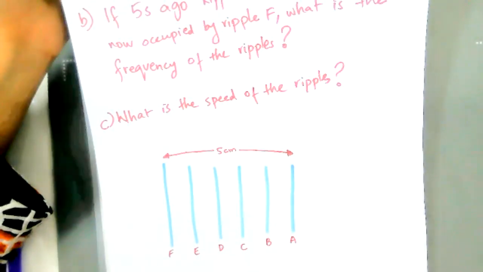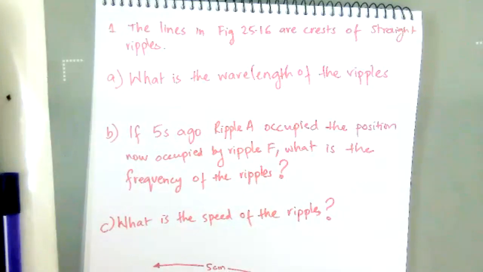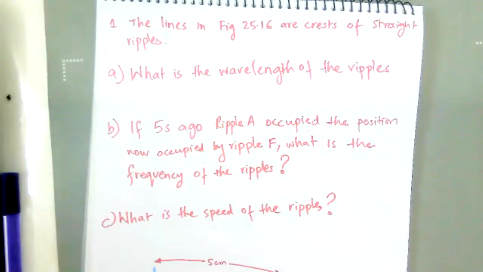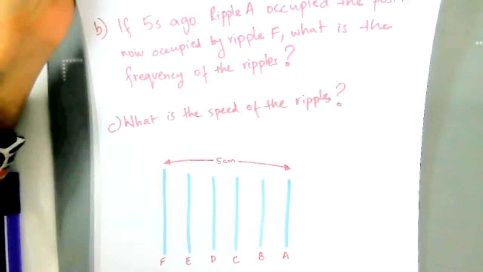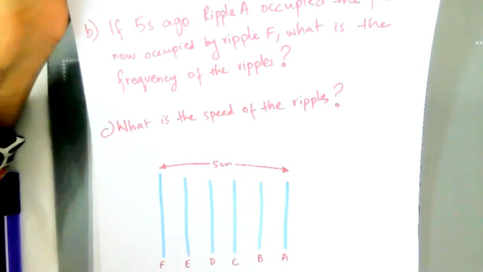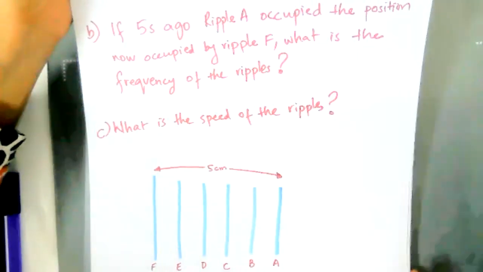Okay, part B. If 5 seconds ago ripple A occupied the position now occupied by ripple F, what is the frequency of the ripple? So I'm going to repeat the question, and you can now look at the diagram. Sundus adjusted it in such a way that the question and the diagram can be seen together at the same time.